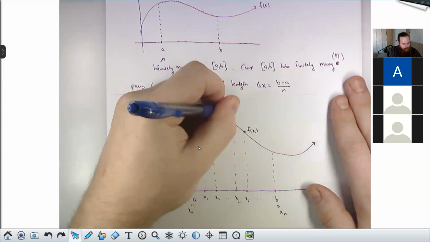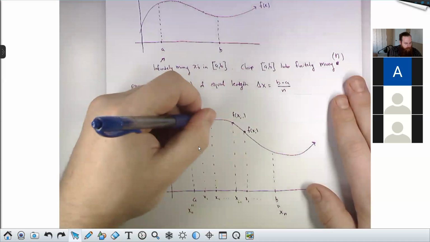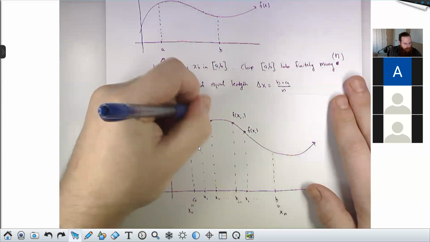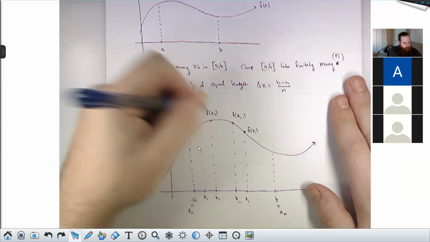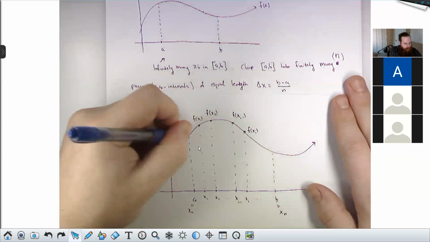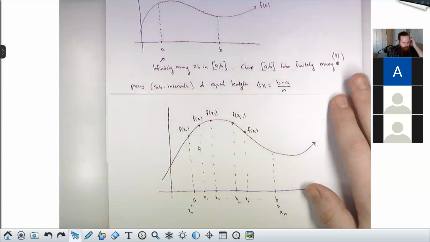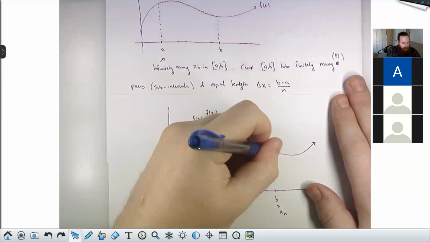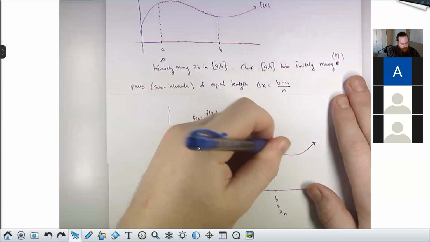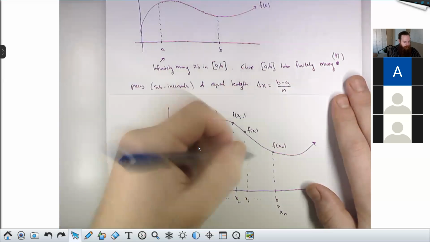This guy would be f of x i minus 1. This guy would be f of x2. This guy would be f of x1. And this guy over here would be f of a, or f of x0. And this last guy over here, of course, is f of xn. And there's lots of others. In between here, in these dot, dot, dots, I've got lots of others. I'm just not writing them.